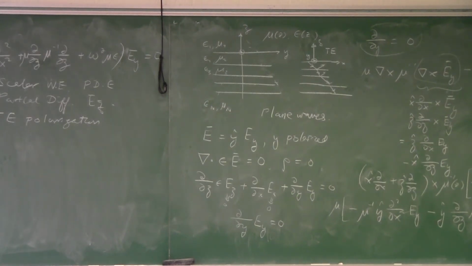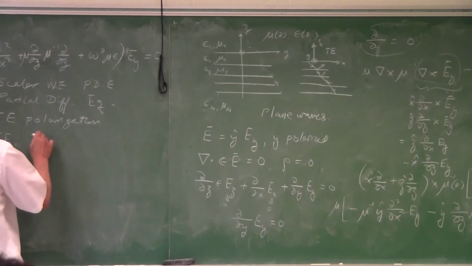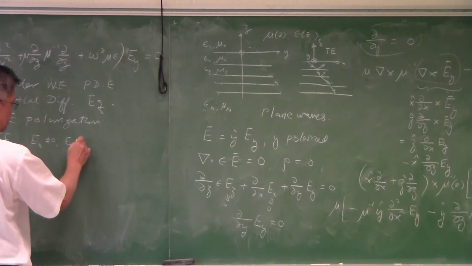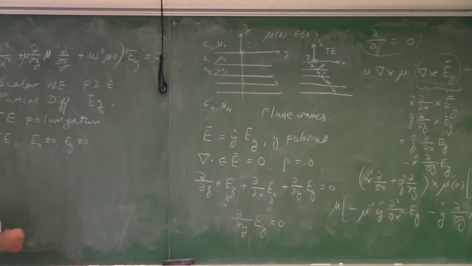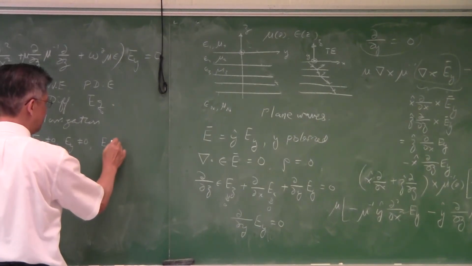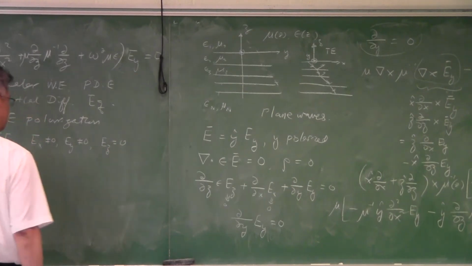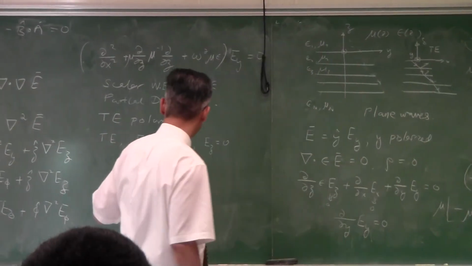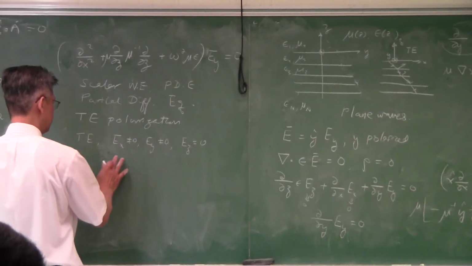But it turns out that the TE polarization is very special. It seems that for TE polarization, Ex is not equal to 0, Ey is not equal to 0, Ez equal to 0. Those are the possibilities. Whenever you have a wave where the electric field is completely transverse to the z direction, we call that the TE polarization.